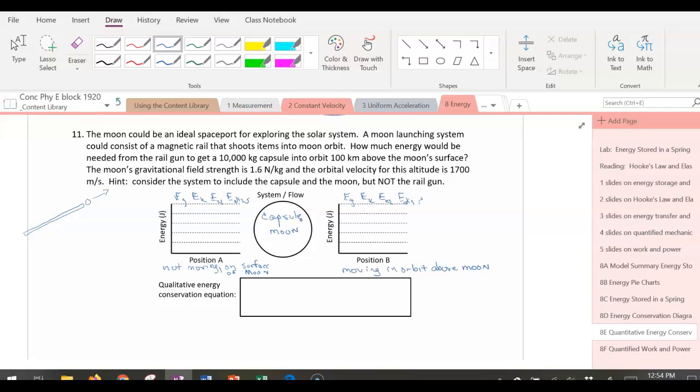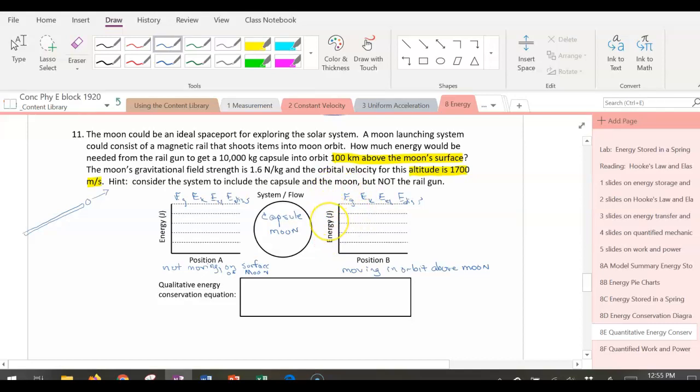But at the end, it says it's moving at 1,700 meters per second, and it's 100 kilometers above the surface. So it is very high, and it is very fast.